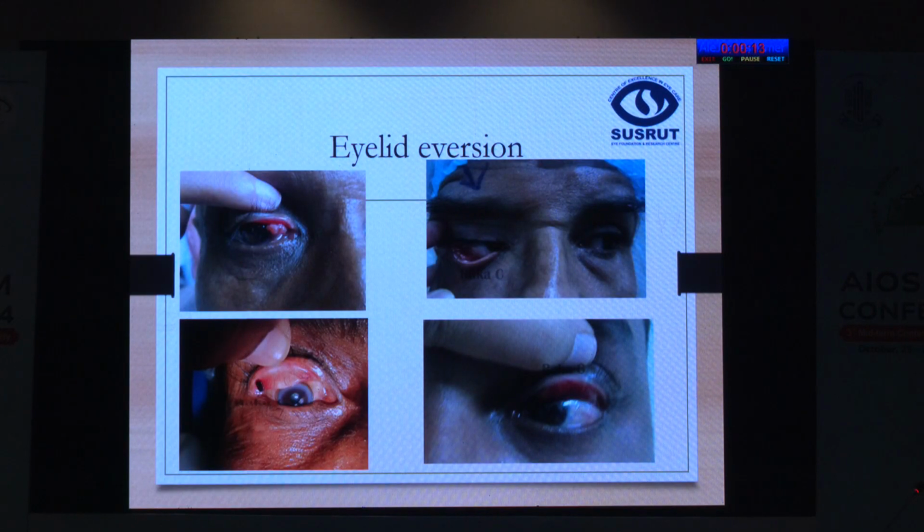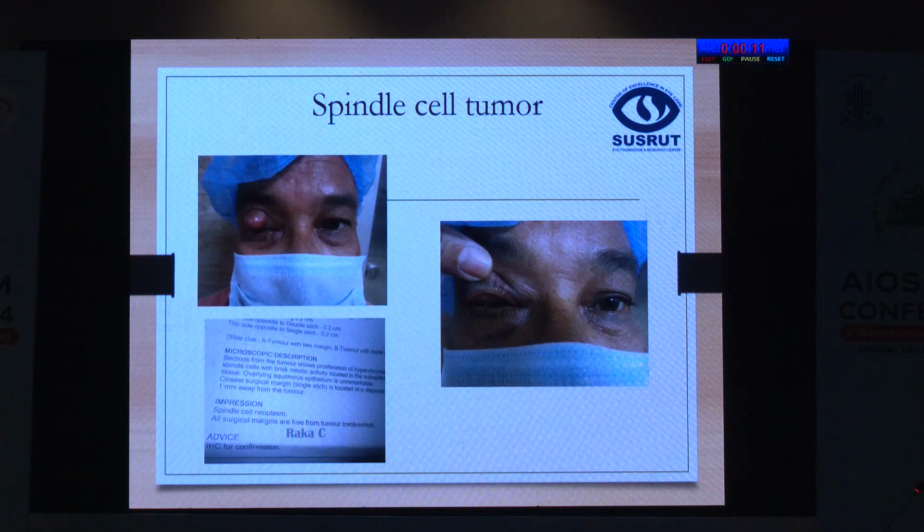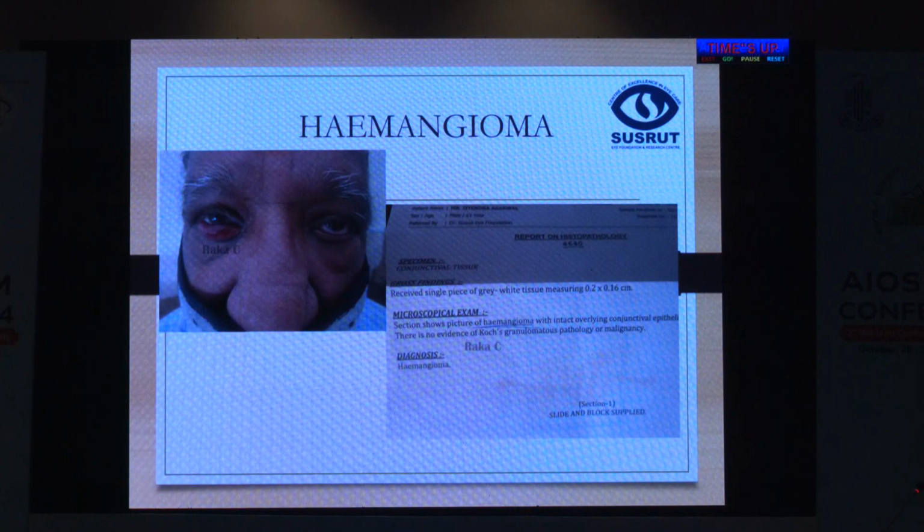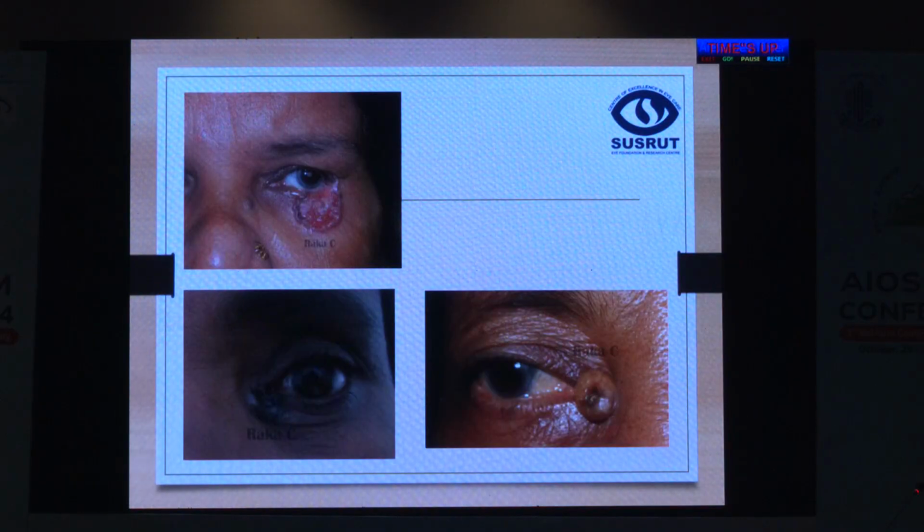These are suspicious lesions. Now, one interesting case I'll show you is a case where the lesion looked like an epidermoid cyst in the eyelid, but on excision it was a case of spindle cell tumor of the eyelid. Whereas this was a very thick lower lid with mechanical ectropion, and histologically it was a case of hemangioma.